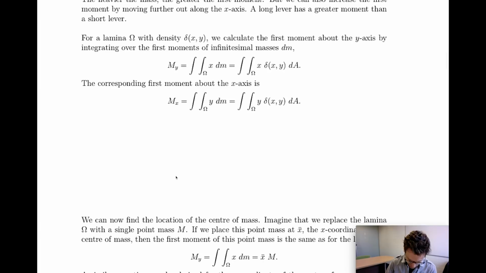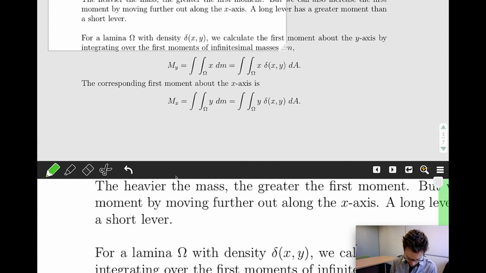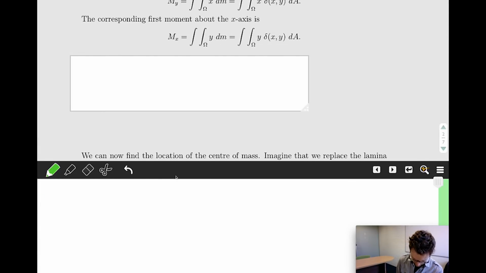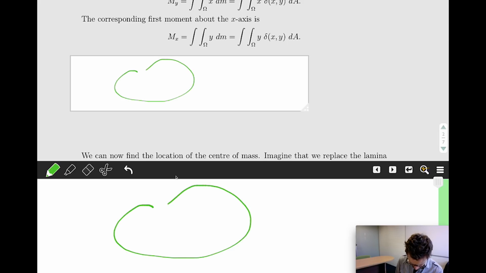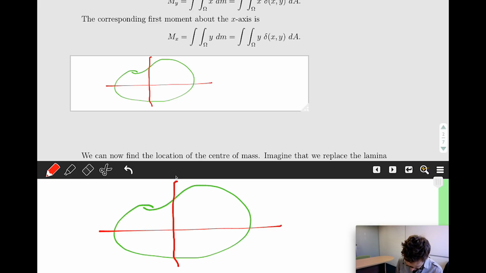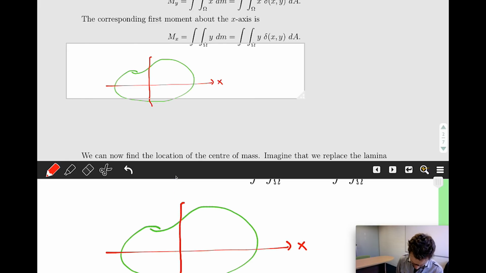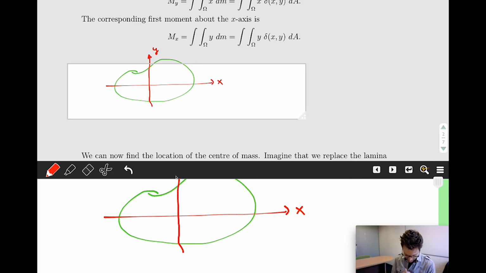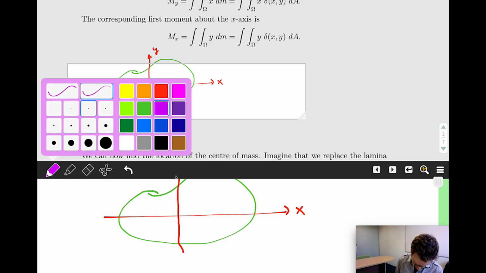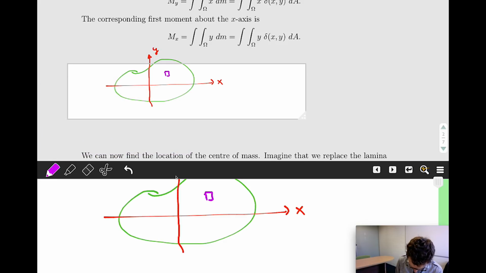So let's draw a little sketch of what it might look like for a two-dimensional object. Again, let's draw a sort of funny looking beam thing. I'm setting up two axes. Here's my axis in the x direction. Here's the axis in the y direction. I have some sort of distribution of mass that's given by delta xy.